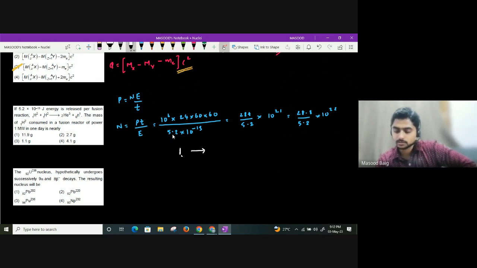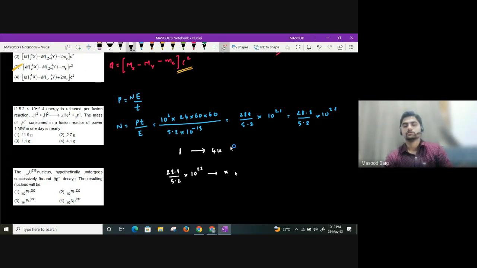You can consider 2 grams and 2 grams, so 4 grams is consumed. Or to be precise, 4u is consumed. Now in 28.8 divided by 5.2 into 10 power 22 fusions, how much is the mass consumed?